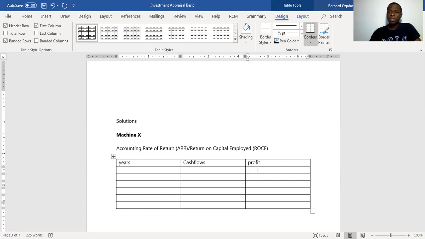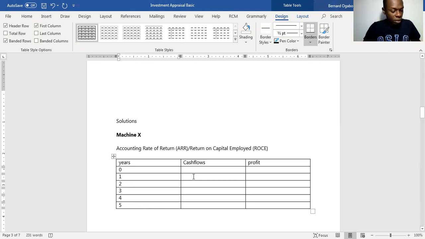But if you are not given profit, but you are given cash flow, you need to convert the cash flow to profit before you can calculate accounting rate of return. For years, we use year 0 to reflect the first year that we made the investment in capital, and then we proceed.